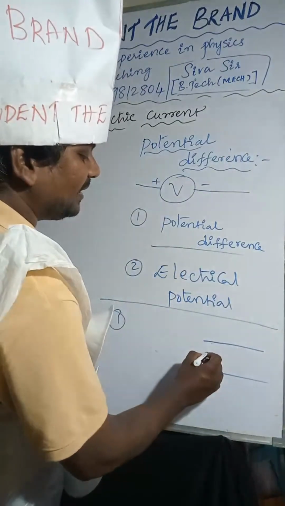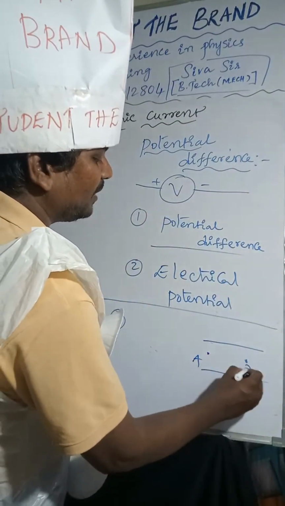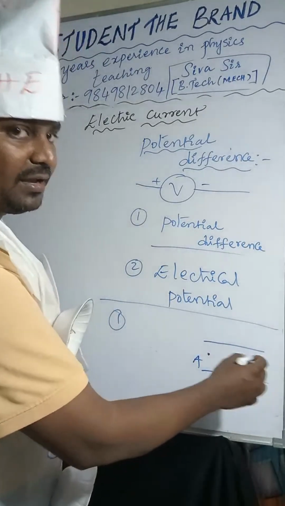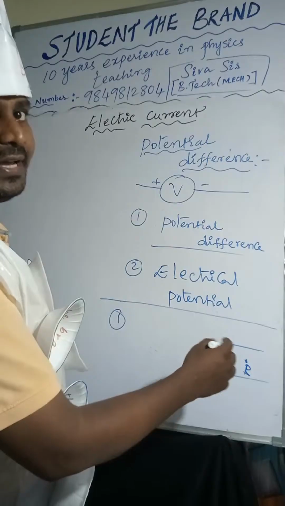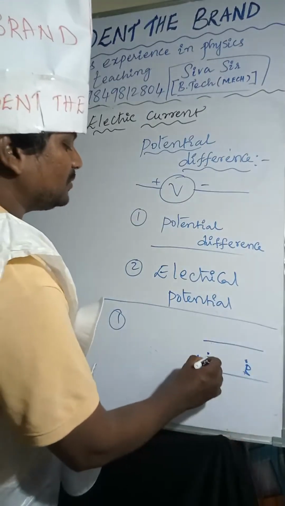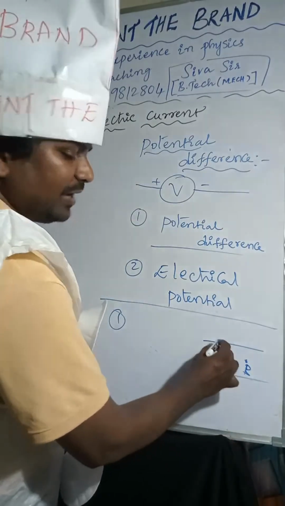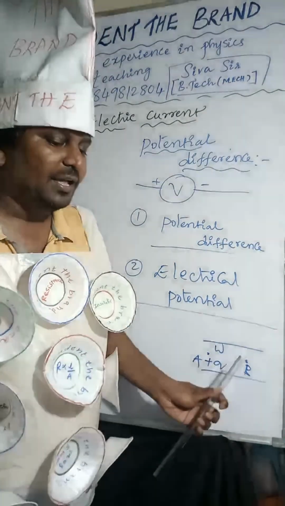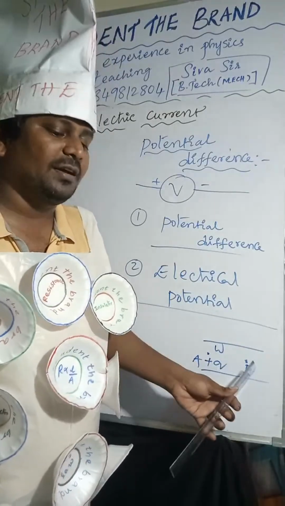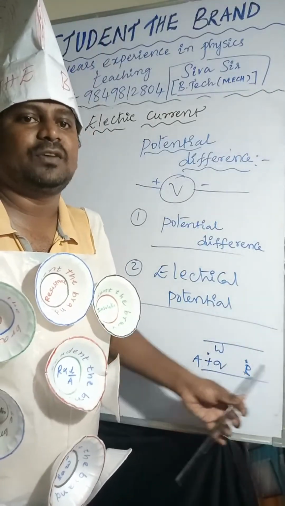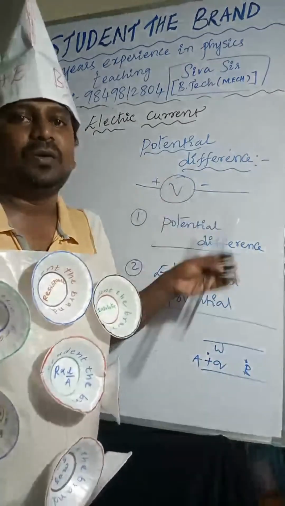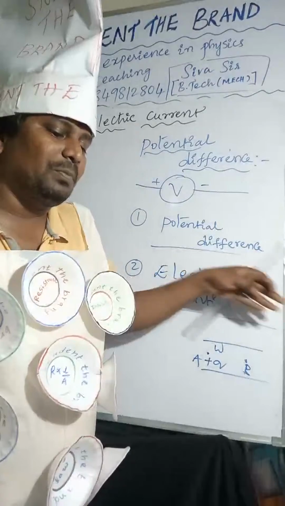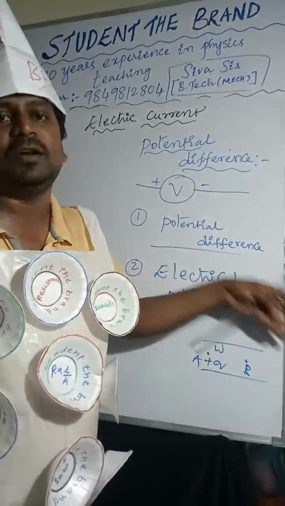So I am considering point A to point B within the conductor. We are doing some work to bring a unit positive charge from one point to another point.